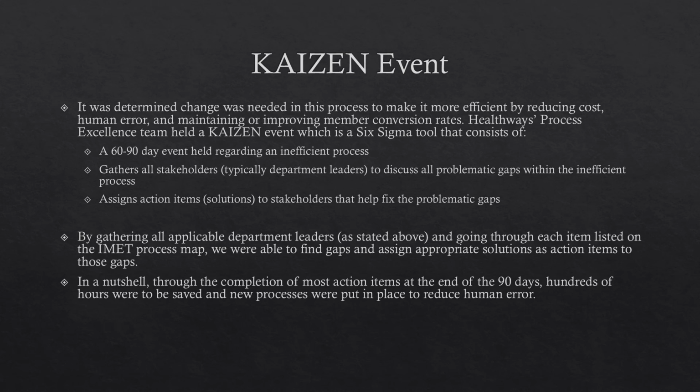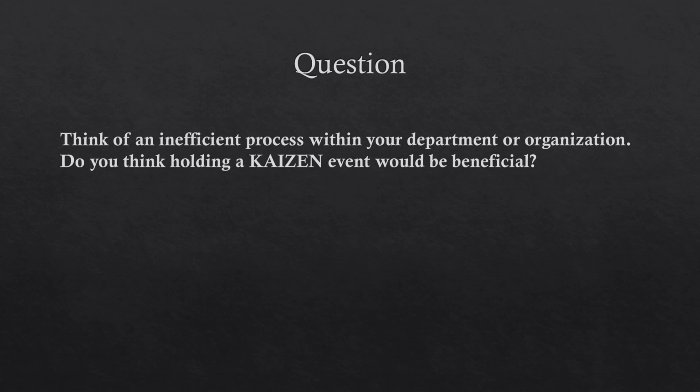In a nutshell, a very big nutshell, at the end of the event, we completed most of the action items. We were able to save hundreds of man or woman hours, and new processes were put in place to reduce human error.